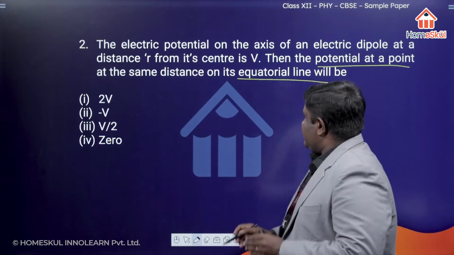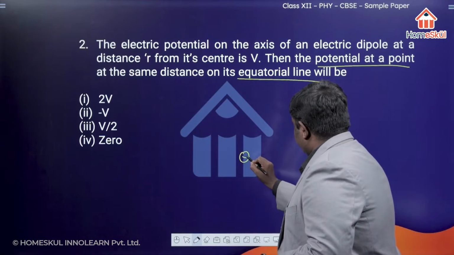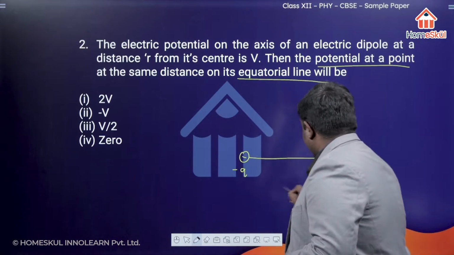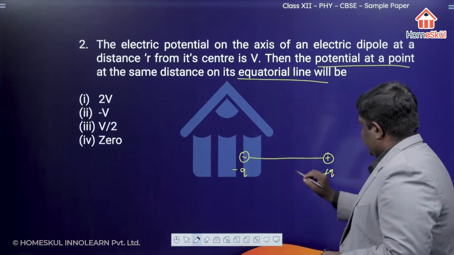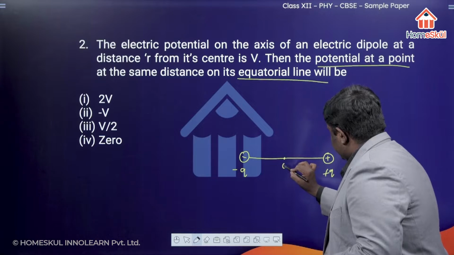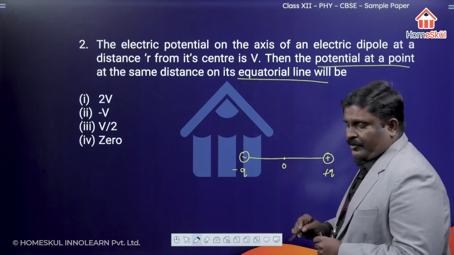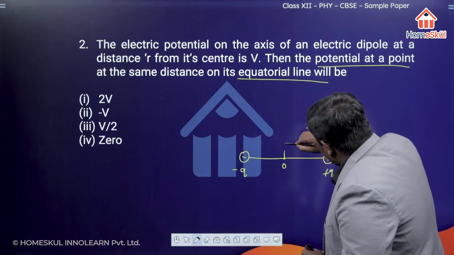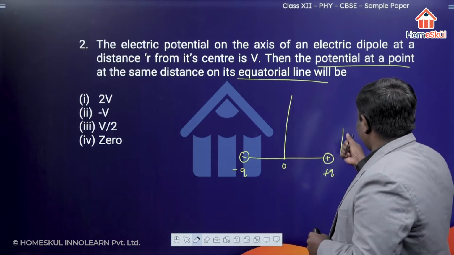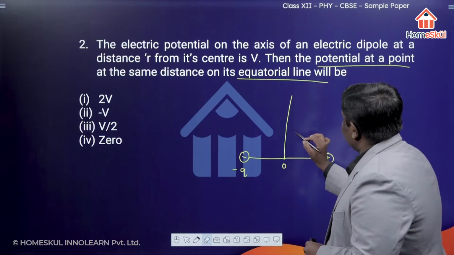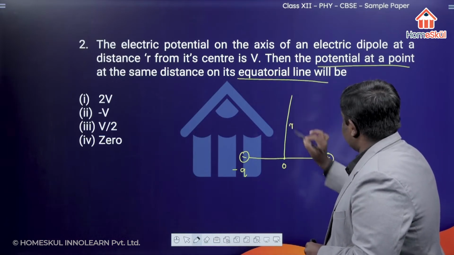If we draw a dipole, this is minus Q and this one is plus Q. Then we consider center O here, the midpoint of the dipole. If we draw a perpendicular line, this will act as the equatorial line. We consider this distance as r.